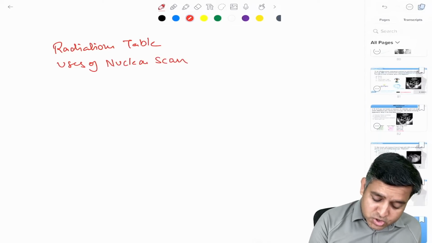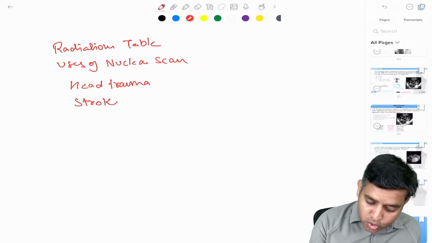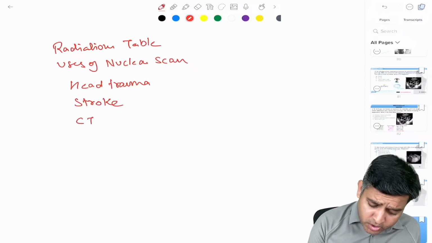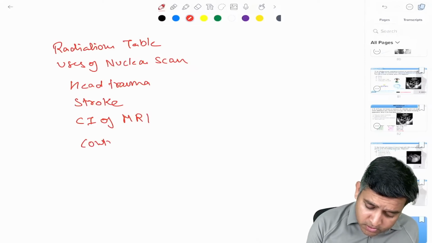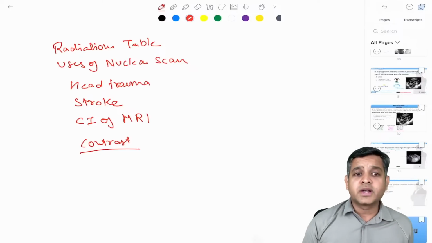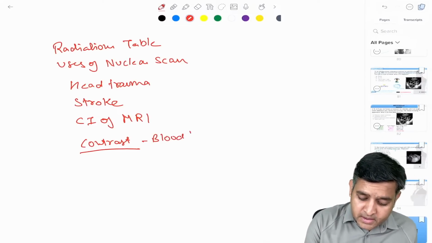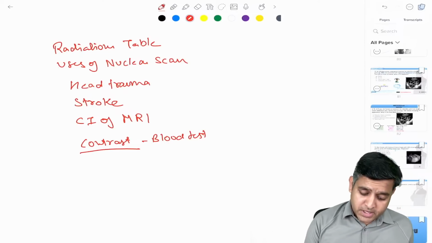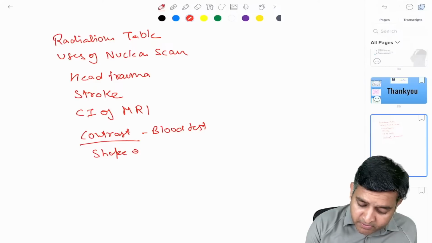Then please make sure that you are revising head trauma. Please make sure that you are revising stroke. Please make sure you are revising contraindications of MRI. Please make sure you are thinking about the contrast, specifically the blood tests that are done before the contrast. Please make sure that you are reading shape of skull very well.